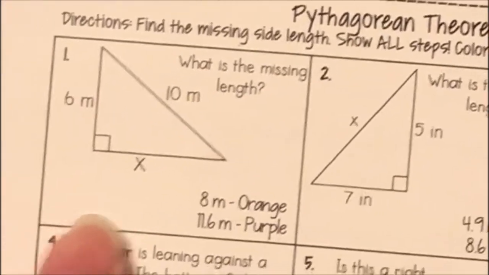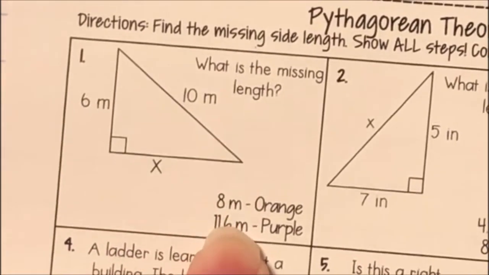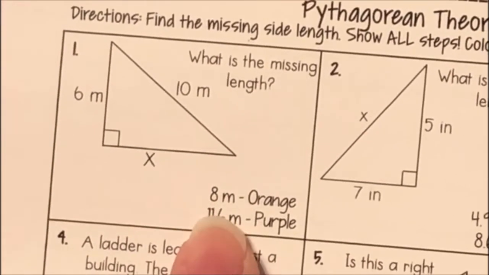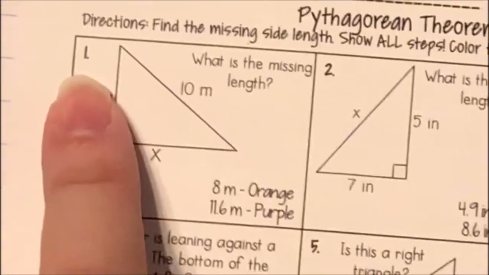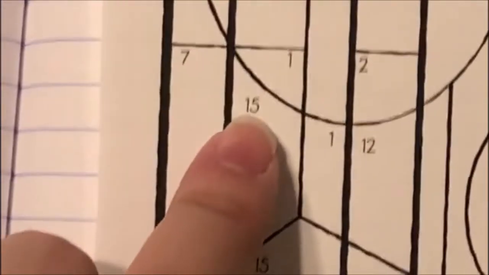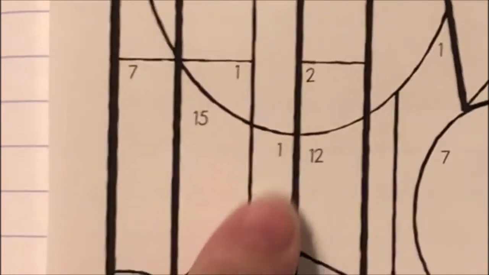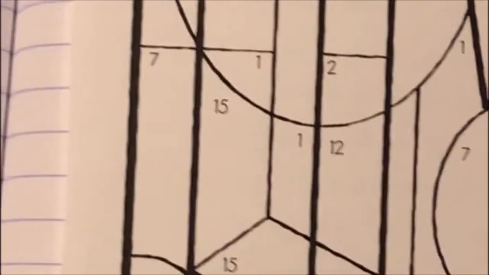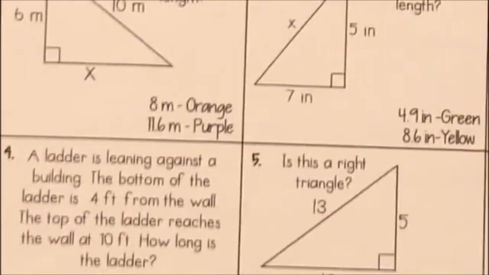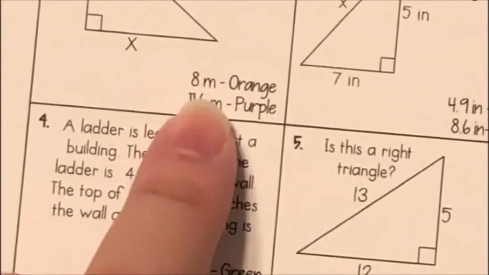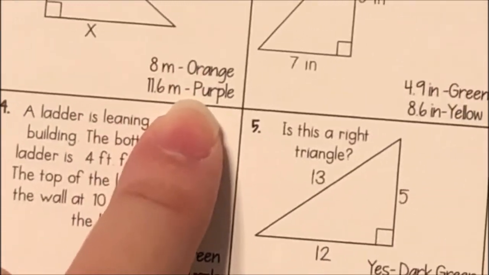So for number 1, if I solve this and I were to get 8 meters, then I would color anything over on my picture that's problem 1 as orange. For example, here's a 1, so I'd color this space orange. Here's a 1, I'd color this space orange. If it was 11.6, I would color number 1's purple.